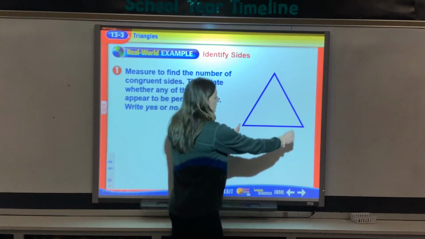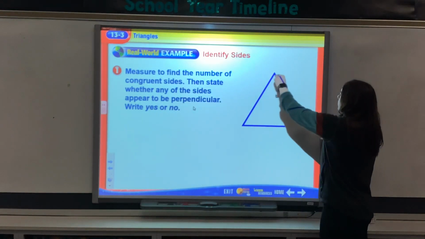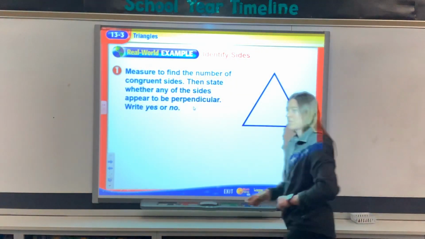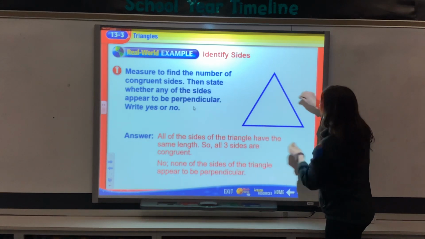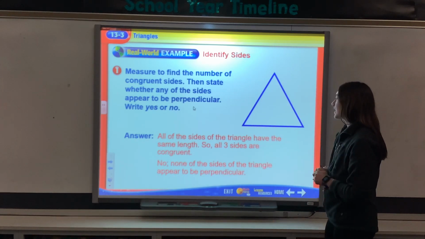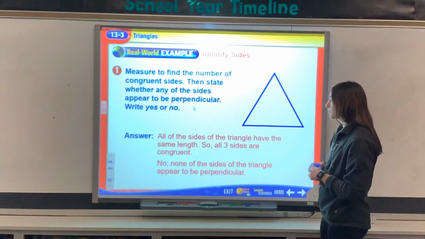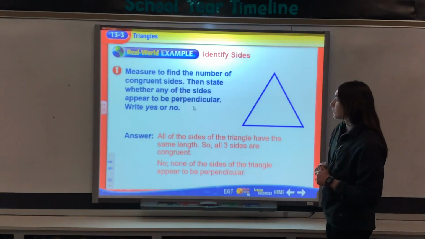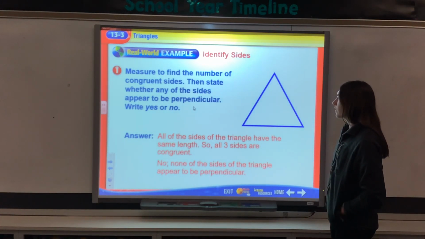Then move your paper down here, see if your two dots line up, and then move your paper here again. You don't have to do it. All right, so if you were to do that, all of the sides of the triangle have the same length, therefore all three sides are congruent. And no, the sides are not perpendicular. None of the sides of the triangle are perpendicular.